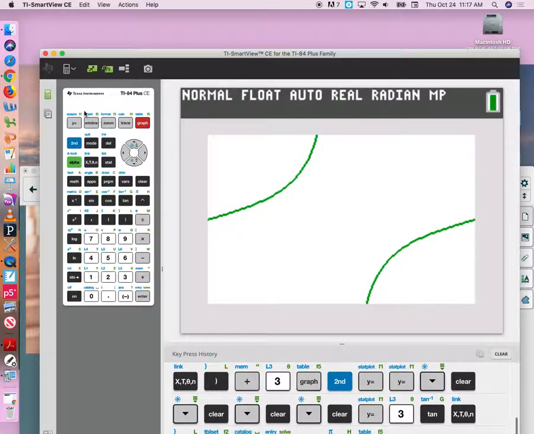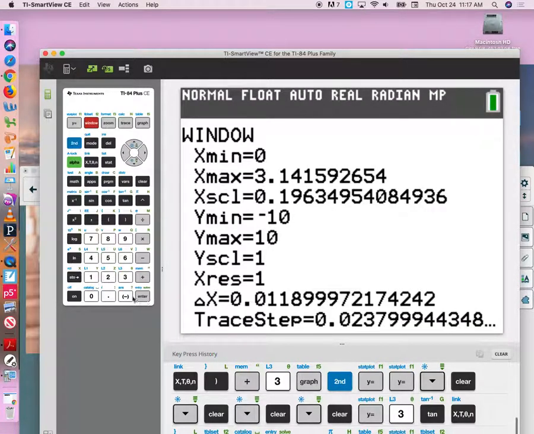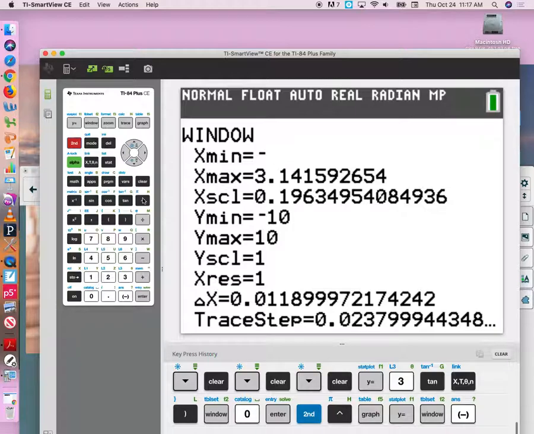Now, watch me back up. I mean, that's what I have on my paper. I think you would all agree, all right? So now, I'm going to back up, though, and change my window. I'm going to go from negative pi to positive pi.